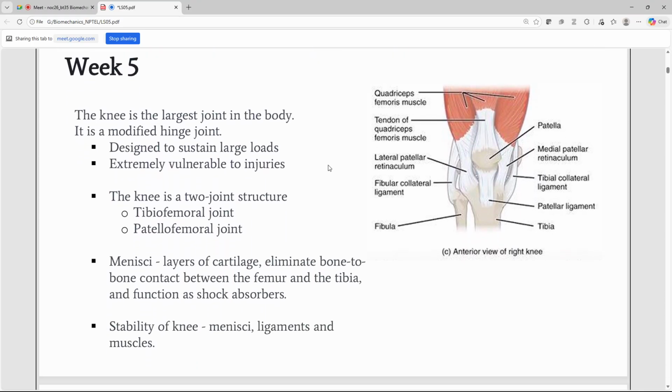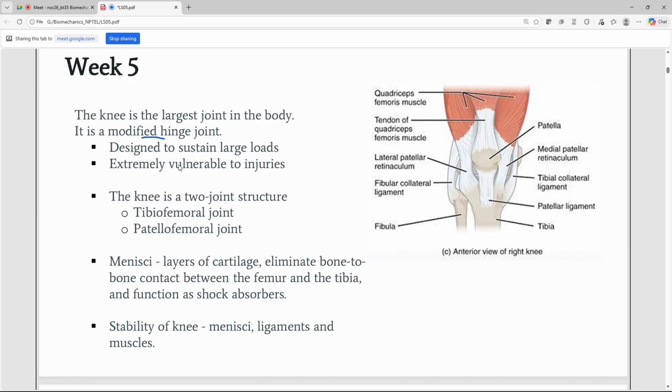And the knee is the largest joint, and it's a hinge joint, but a modified hinge joint because it allows more motions than a normal hinge joint. It is a main joint in our leg which helps us carry our body weight as well as extra loads.